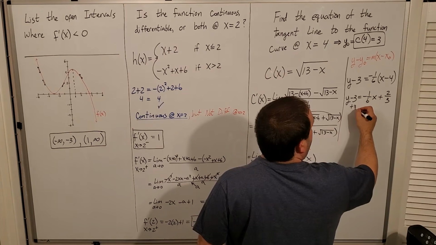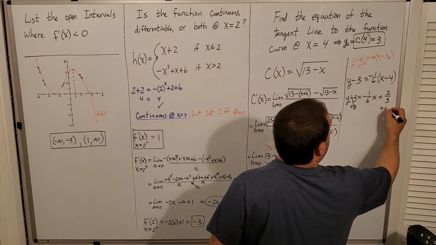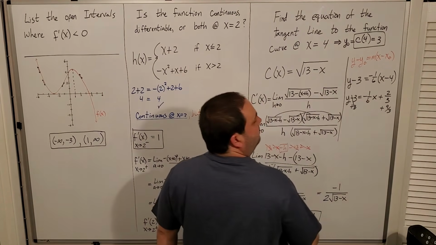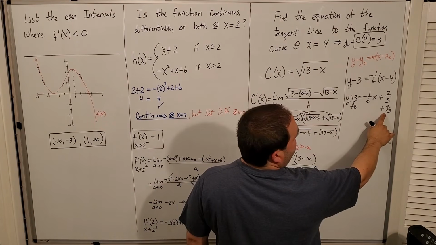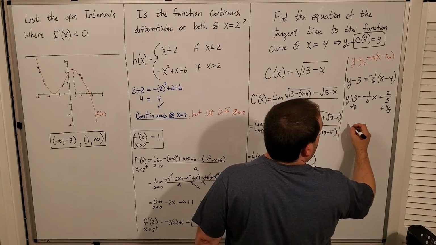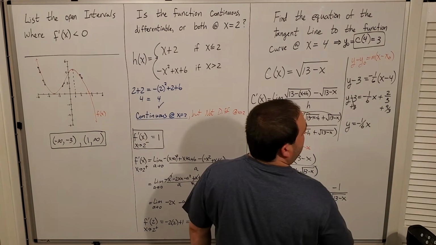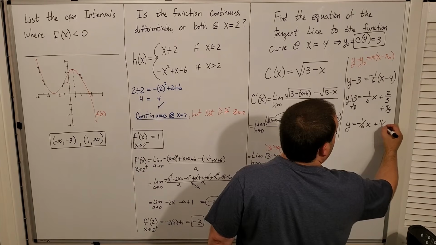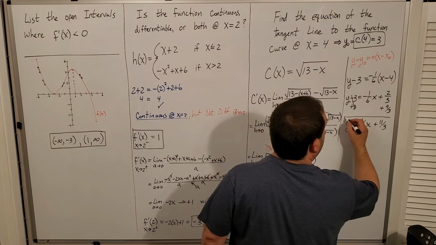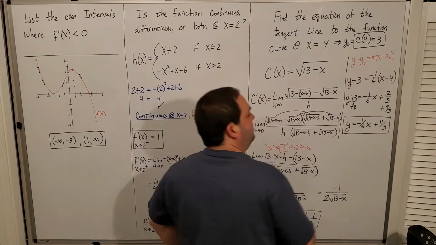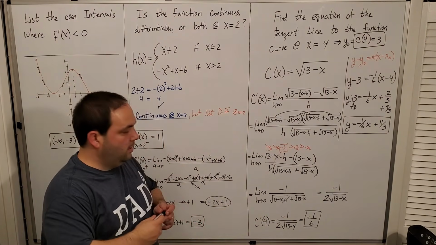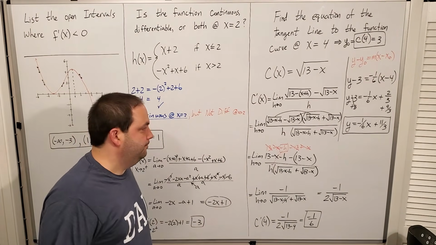I'm now going to add 3, which is 9/3, right? Plus 3 is the same as plus 9/3. So that's going to leave me with y equals negative 1/6 x plus 11/3. And there's the equation of my tangent line.